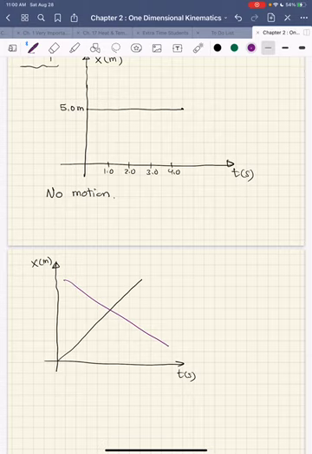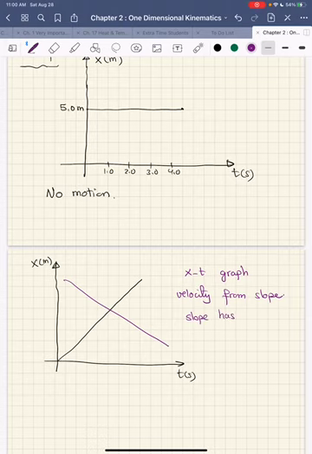Okay, I want you to know always when I have an XT graph, I can calculate velocity from slope. And here the slope has only one value, and this is the reason why it will be, for these two, moving with constant velocity.